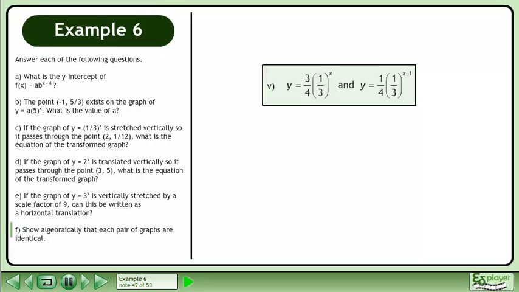In part 5, show that y equals 3 over 4 times 1/3 to the power of x, and y equals 1 over 4 times 1/3 to the power of x minus 1 are equivalent. Separate the fraction 3 over 4 to 1 over 4 times 3. Rewrite 3 as 1 over 3 to the power of negative 1.